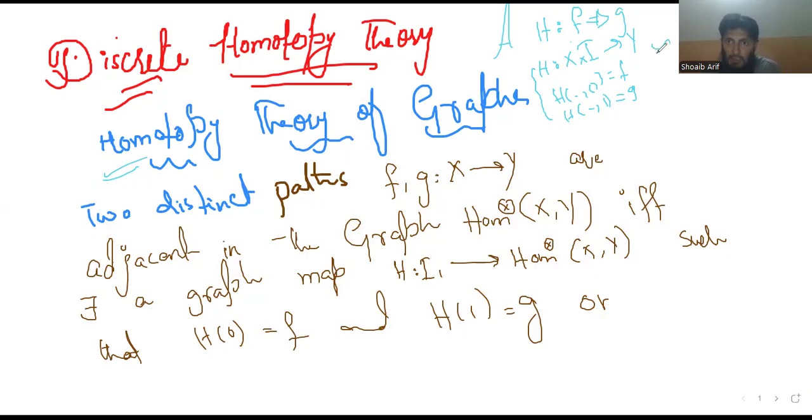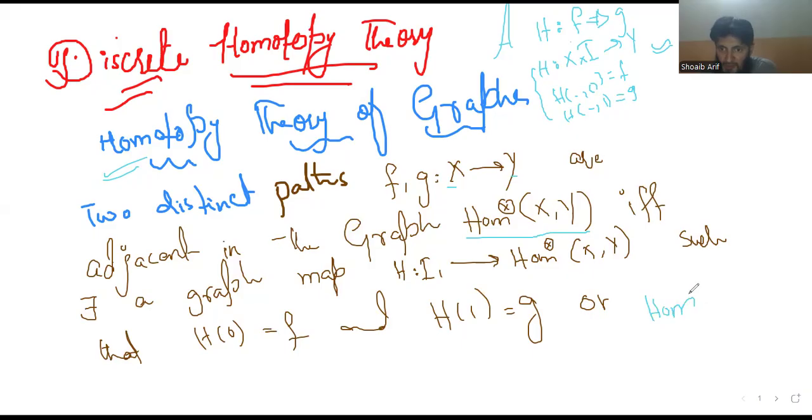This is the definition of homotopy theory for continuous spaces, let's say topological spaces, and other spaces. So this is homotopy theory for graphs. Okay, so let's say two distinct paths or graph maps from X to Y, where X and Y are graphs, are adjacent. Two distinct paths f and g are adjacent in the graph Hom(X, Y). What is the definition of Hom(X, Y)?